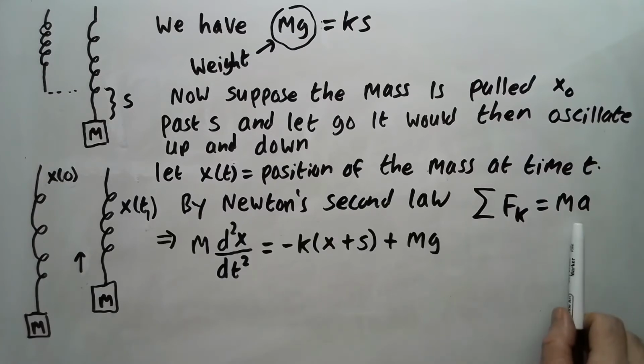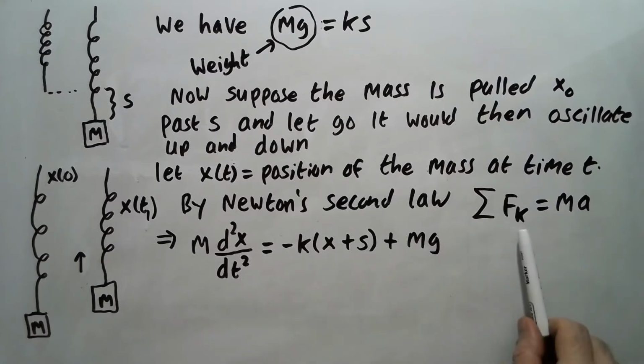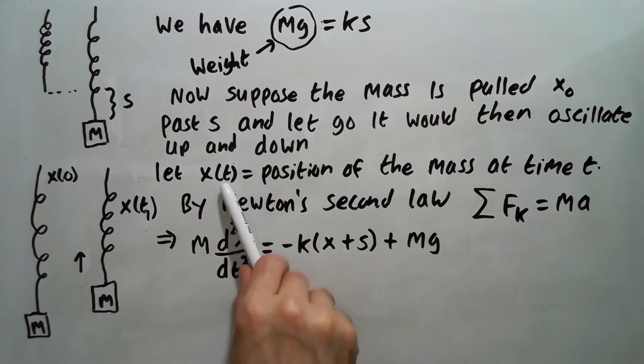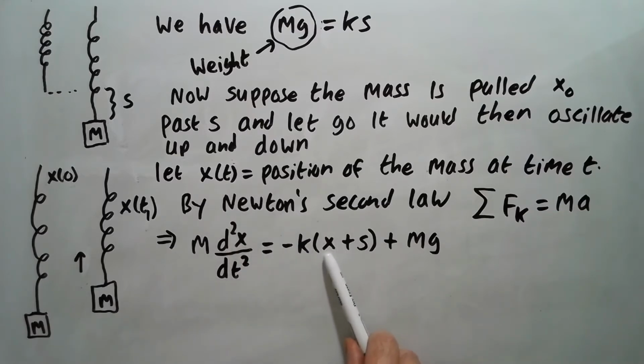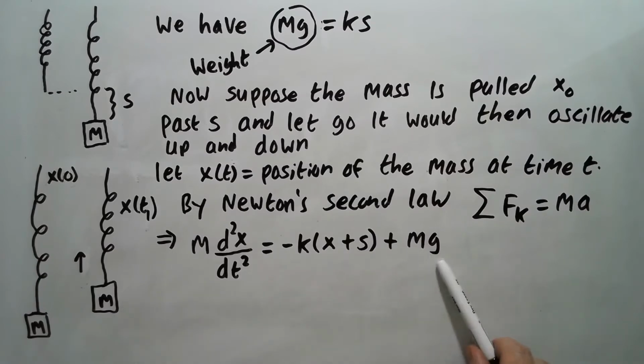Again, the acceleration is the second derivative of position, and it's going to equal the sum of all the forces. So you're going to have the restoring force of the spring. I'm just writing x rather than x of t, but it should be x of t there. So it's going to be minus k times x plus s would be the restoring force of the spring, plus the weight of the mass, so mg.